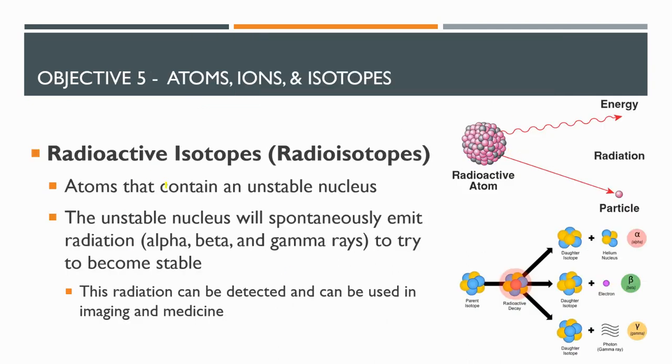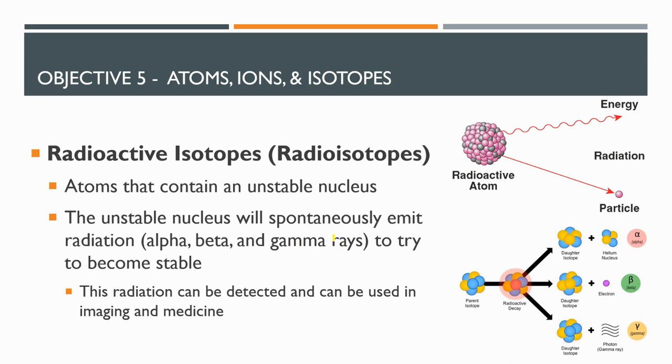All right, now sometimes these isotopes, these particular atoms, have a nucleus that is not very stable. So in order to get to a more stable state, the nucleus will give off particles. It may give off an alpha particle, a beta particle, or a gamma ray.